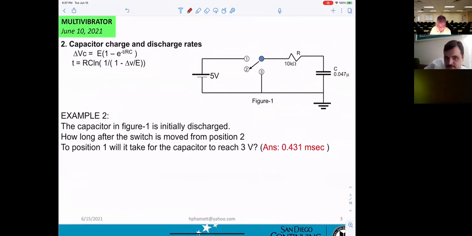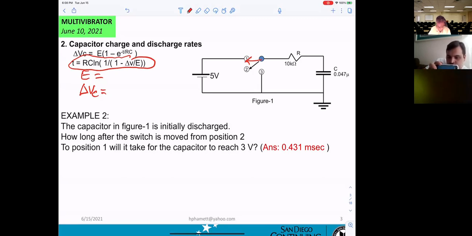Okay, now the second one. They are still moving here. However, this time they ask for time: how long after the switch is moved from position 2 to 1 to reach 3 volts? So basically you use this formula. You need to know E, and you also need to know delta VC.